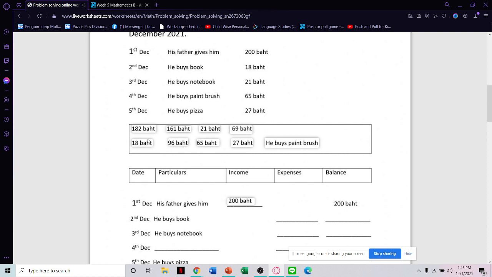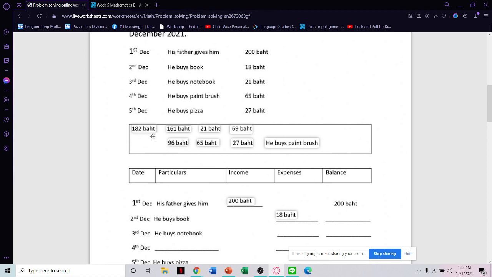18 baht. So that's an expense. So how much is his balance now? It will be 200 minus 18. It's 182.